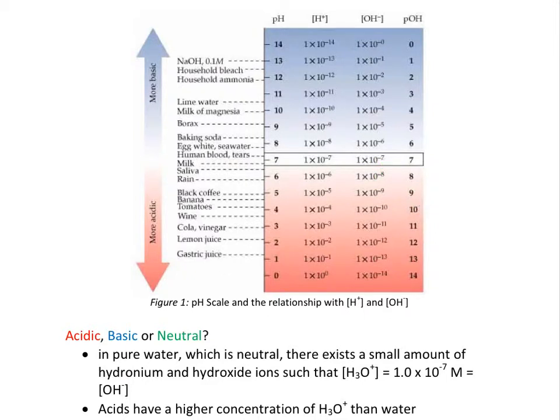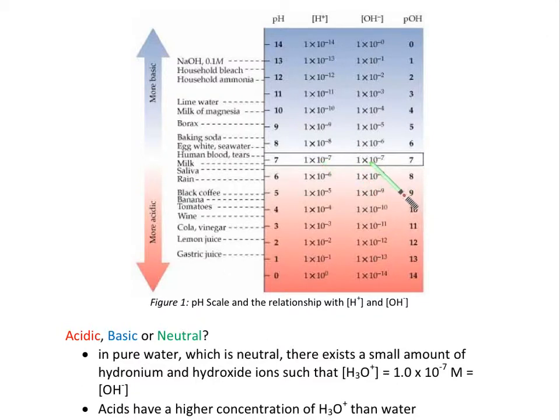So a couple of things to consider there. First of all, you have a neutral solution, but that neutral solution still contains some H plus. And so neutral solutions, or solutions with pH of 7, are not just pure water. They do in fact contain some H plus, but the reason that they are neutral is because they contain an equal amount of OH minus.